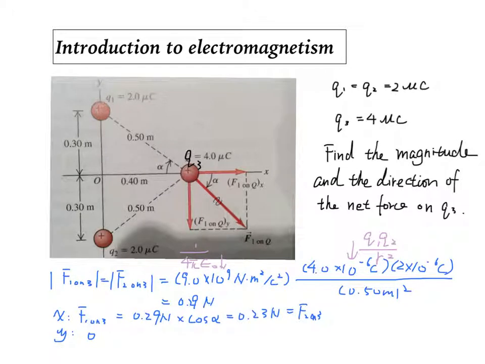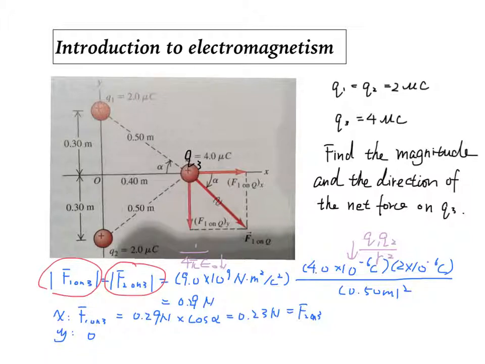I hope you realize that this is a symmetric problem. At first, the distances between Q1 and Q2, Q1 and Q3, and Q2 and Q3 are the same. Second, the charges of Q1 and Q2 are the same. So the magnitude of F1 on 3 equals the magnitude of F2 on 3.